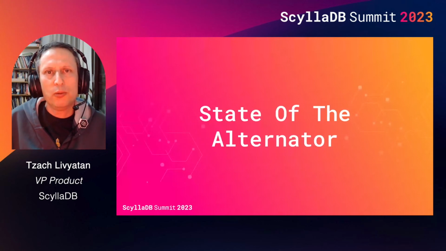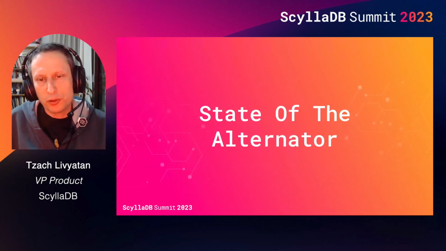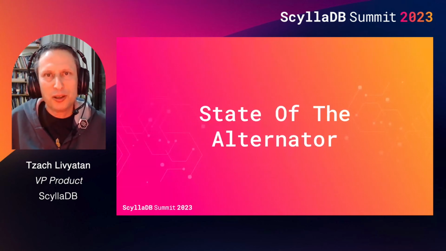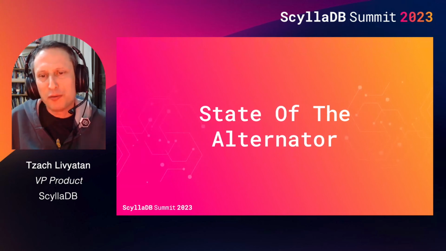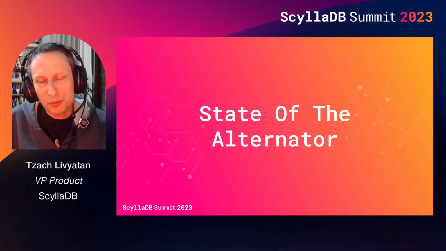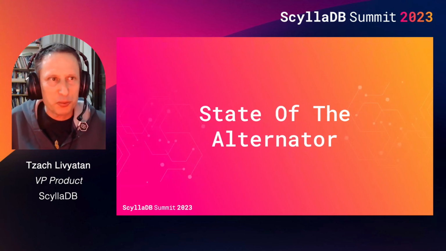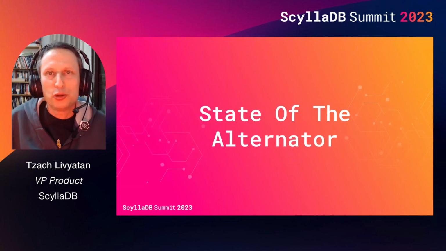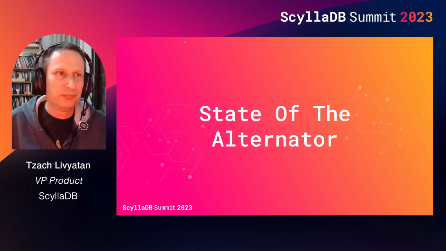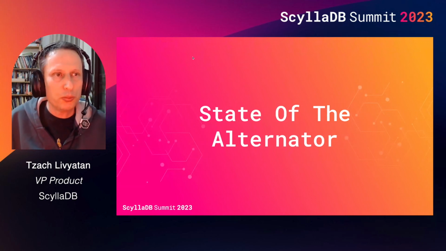I know that Dynamo also provides Docker for DynamoDB, but to be honest, I think our ScyllaDB version of DynamoDB is more compatible with the actual DynamoDB than the Docker version that AWS provides. So if you want to run DynamoDB locally or on GCP, of course, another platform, Scylla is a good option.